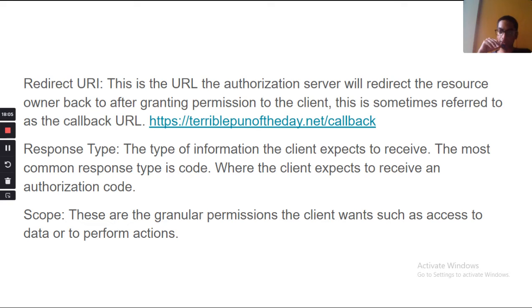So after granting permission to the client, meaning after giving Terrible Pun of the Day permission to access your contacts that the resource owner holds, the authorization server will tell the resource owner to go to a particular URI, which is also known as the redirect URI.